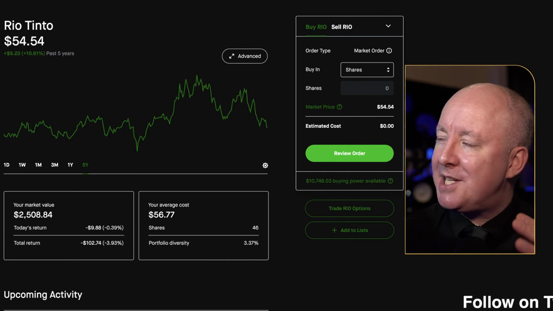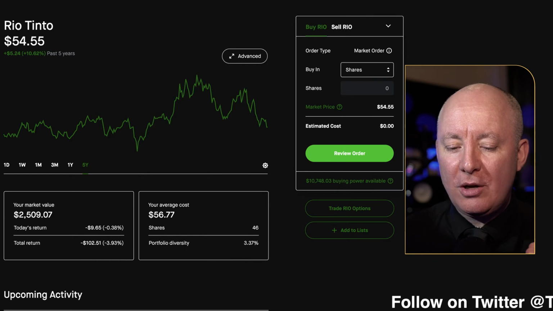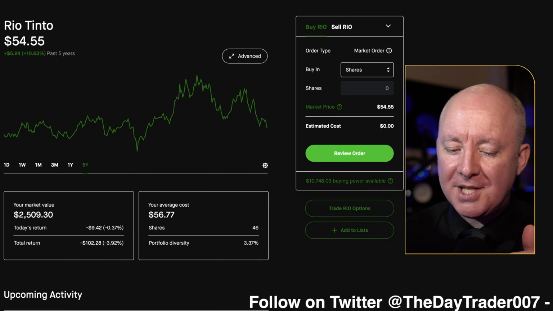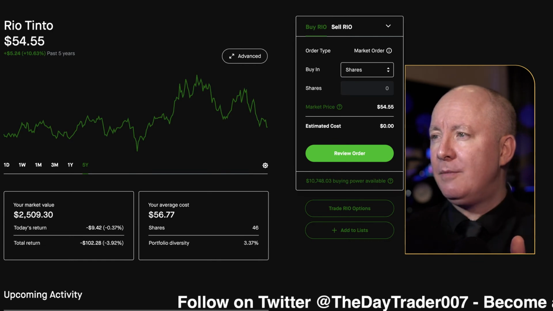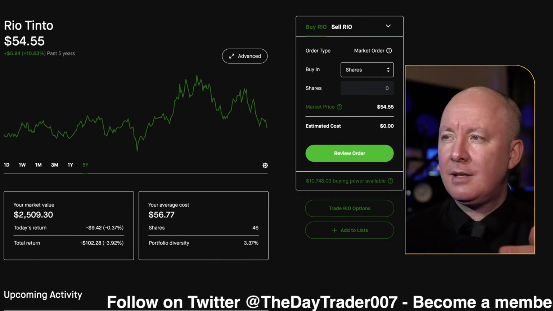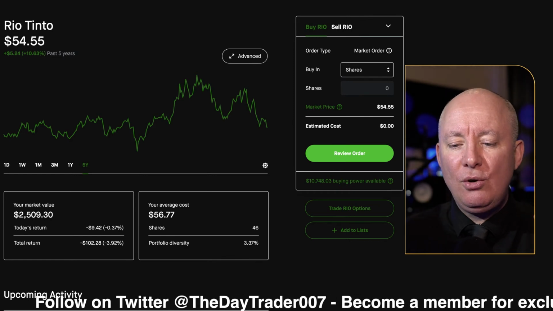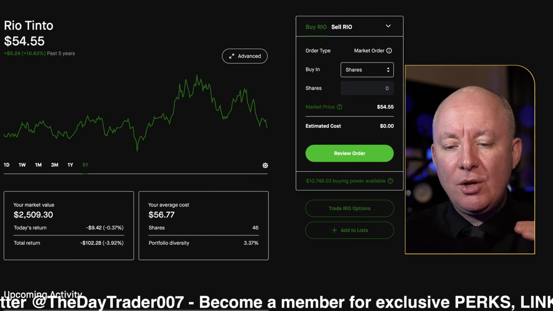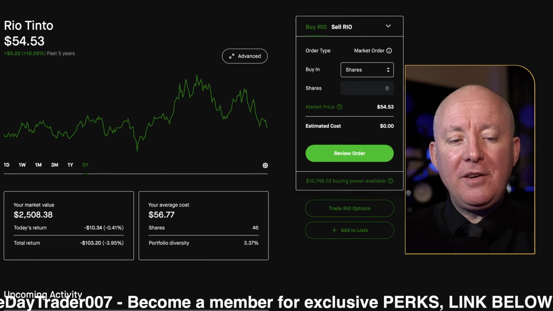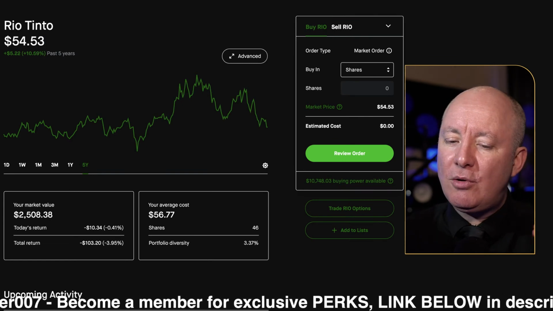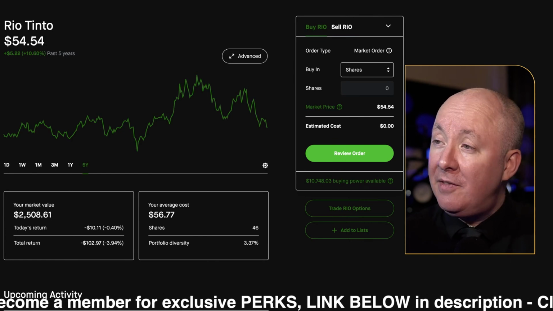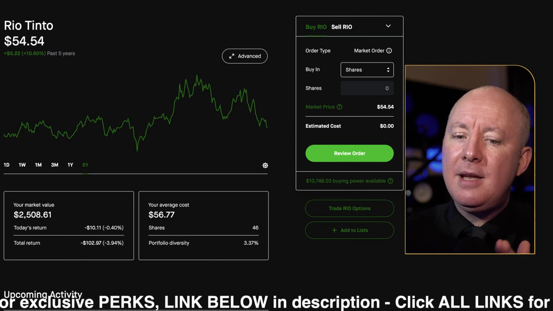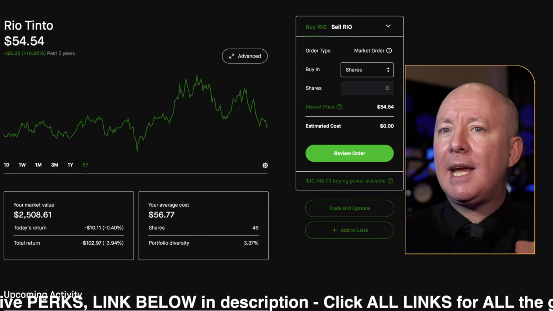It's in everyone's best interest who own the stock, coming up to the point of the dividends reinvesting, which is September 22, to sell the stock. Because if everyone sells the stock, Rio Tinto goes down, then their dividends buy at the lower price, which then puts the stock back up again. And then as it puts back up, you buy back in again, and so on and so forth.